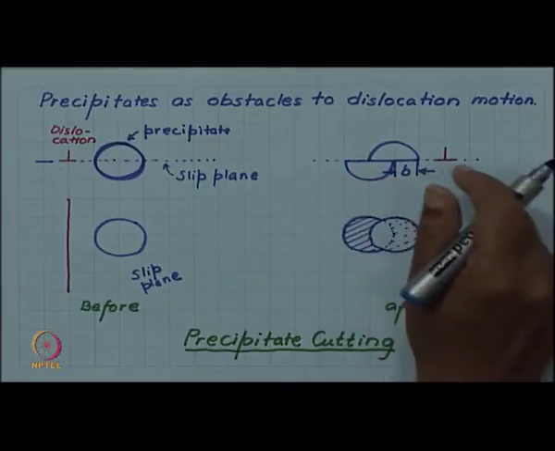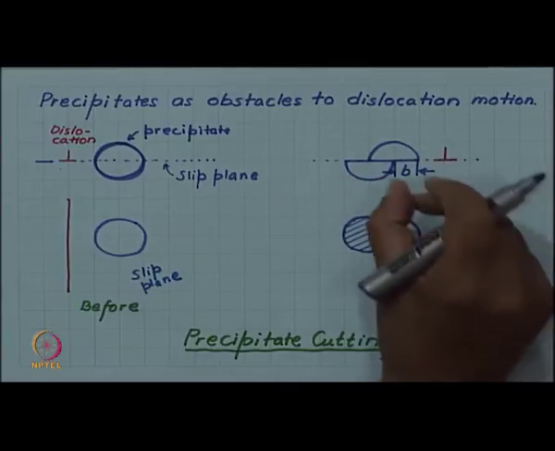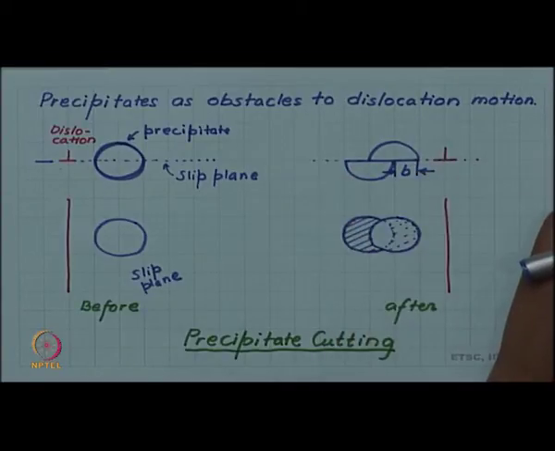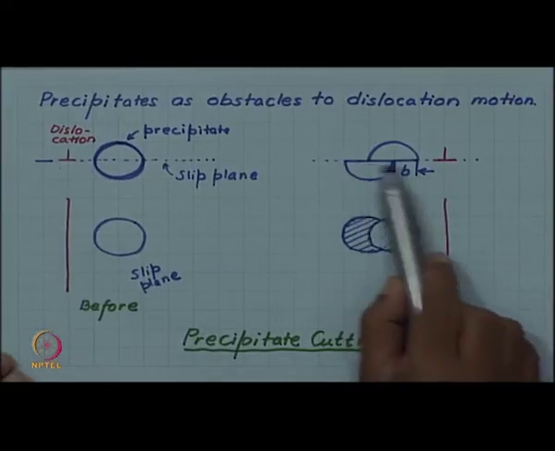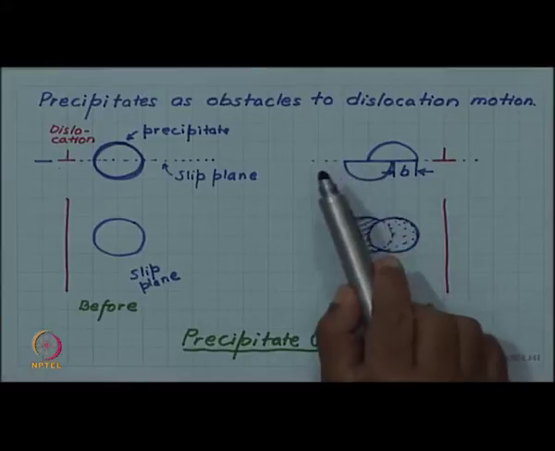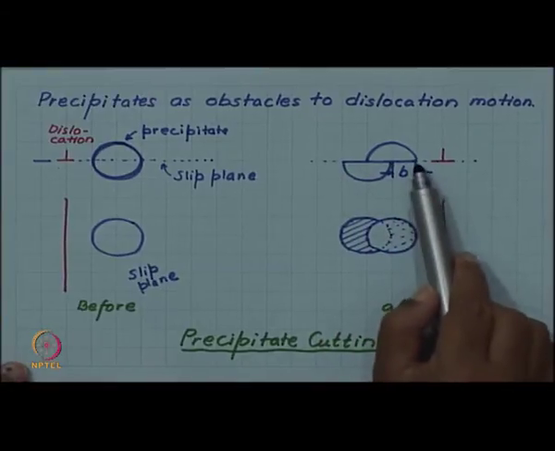Since the upper half is shifted with respect to the lower half, the upper half of the precipitate will also shift with respect to the lower half of the precipitate. So, it is as if slicing an apple in the middle and then sliding the two halves of the apple.